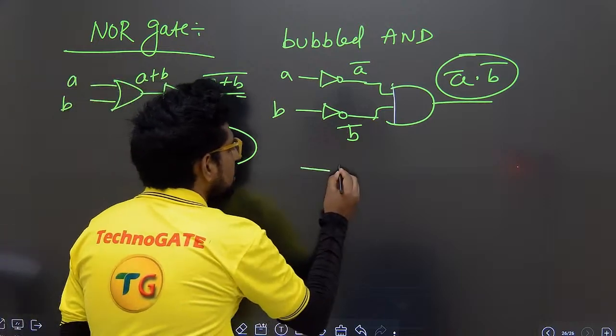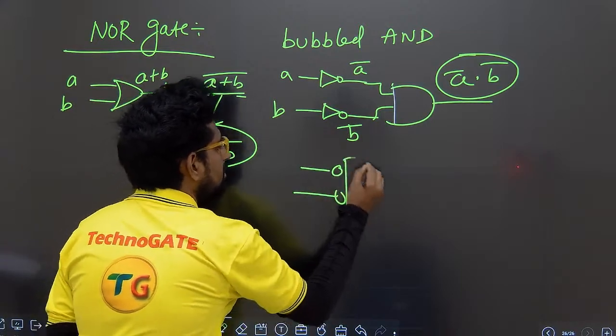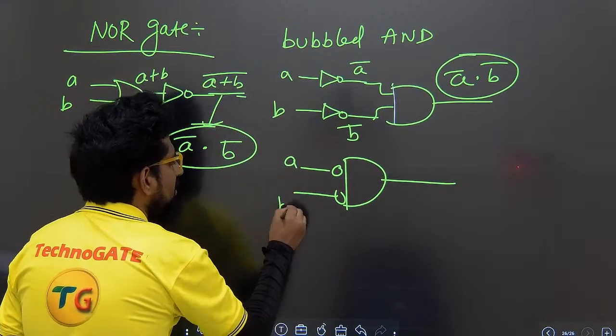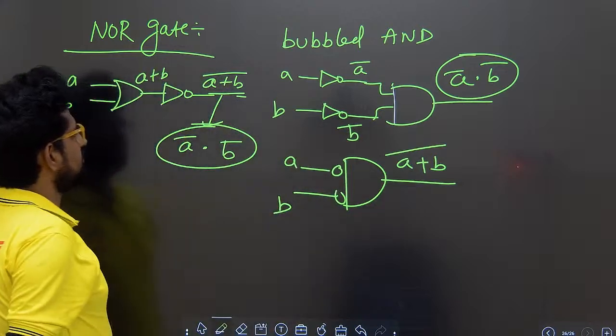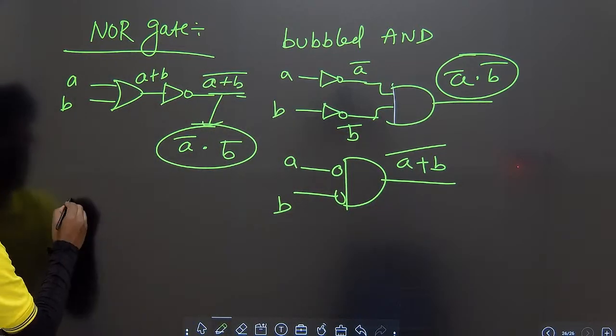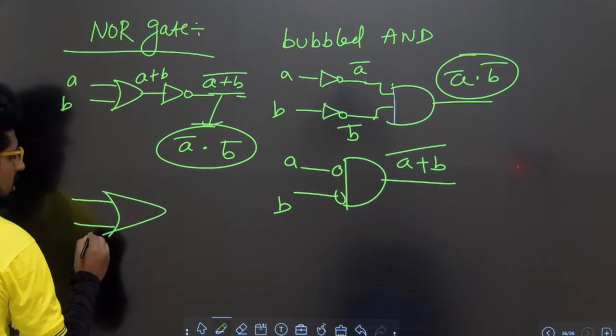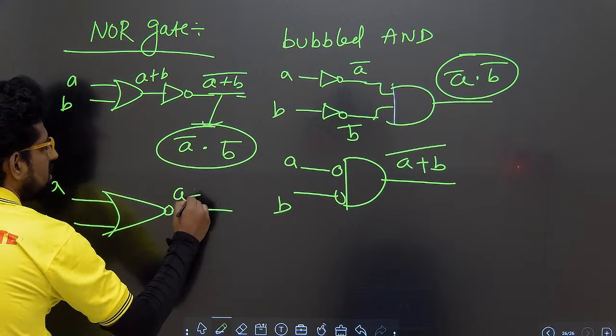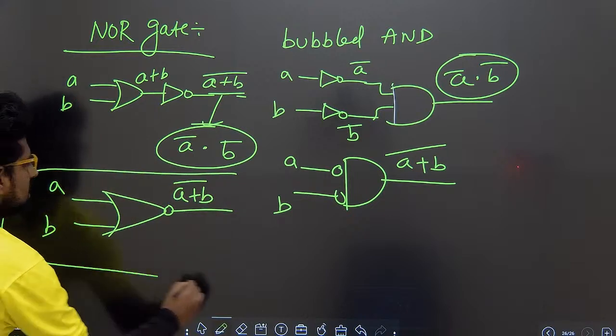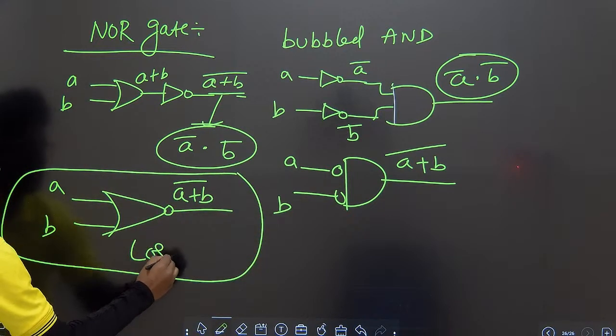Now instead of this, I am just giving a bubbled AND gate, A, B. So A bar dot B bar, which is A plus B whole bar. Instead of this, I am representing it as A plus B whole bar. So this is the final logic symbol.